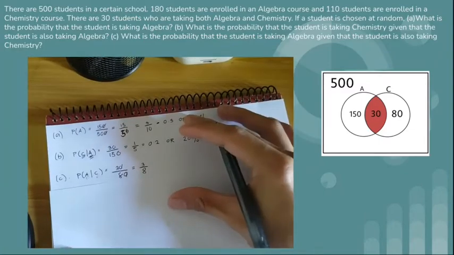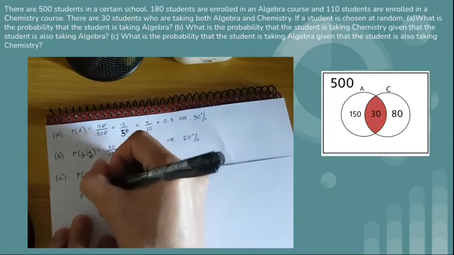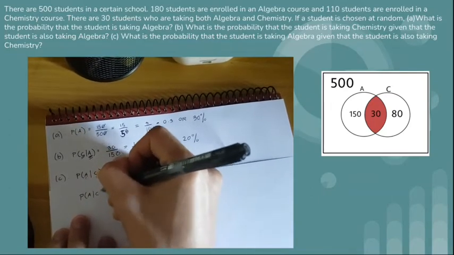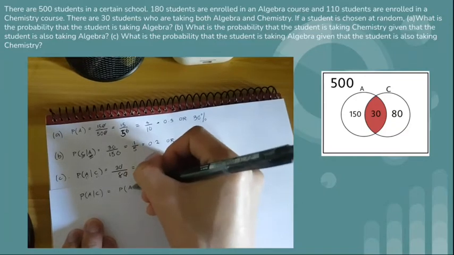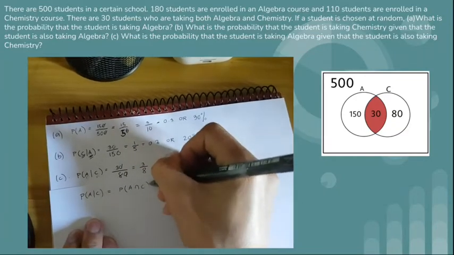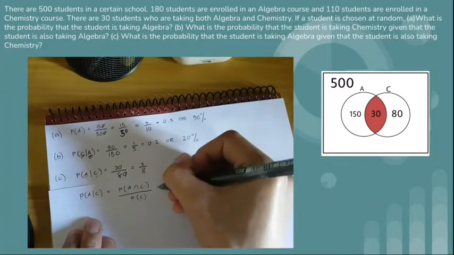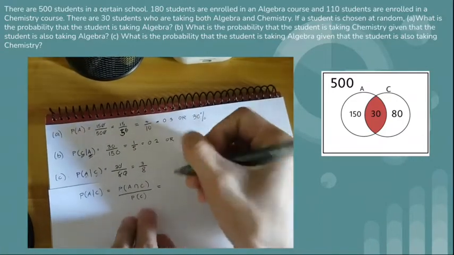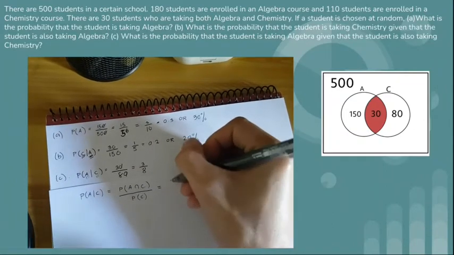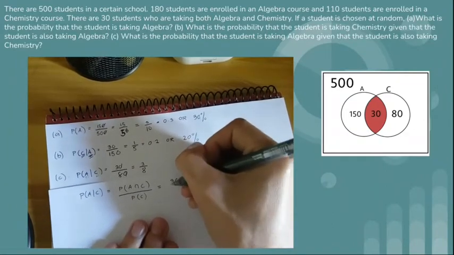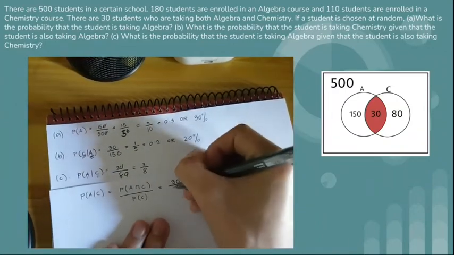So, how would we solve it using the formula? Probability of A given C is equal to probability of A intersection C over probability of C. How many are in the intersection of A and C? Right, 30. Since we're looking for the probability, 30 over 500.